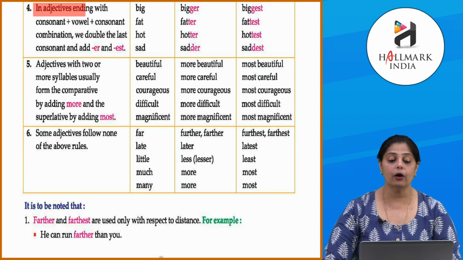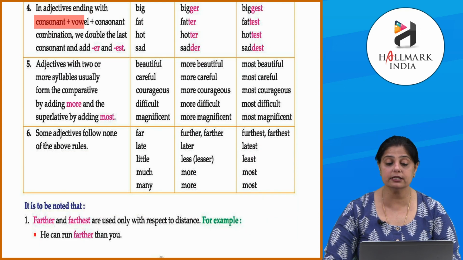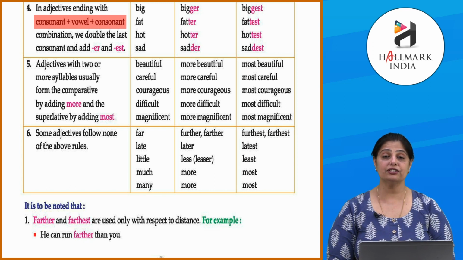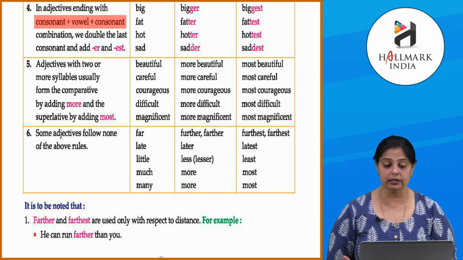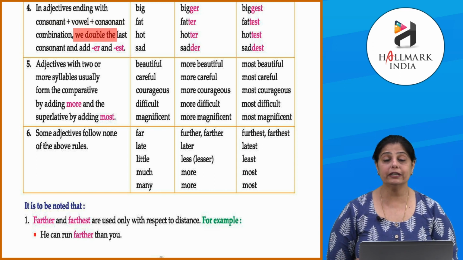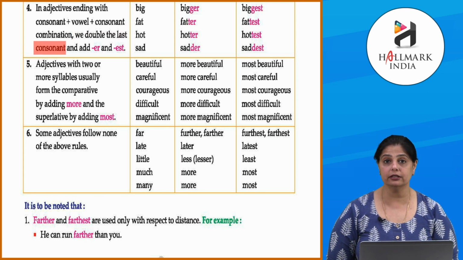Clear? Now, in adjectives ending with a consonant plus vowel plus consonant, मतलब जिस adjective में consonant, vowel, consonant तीनों आ जाता है. Okay, that combination. We double the last consonant. तो last consonant जो होता है उसको हम double करेंगे और उसके आगे er and est लगाएंगे.